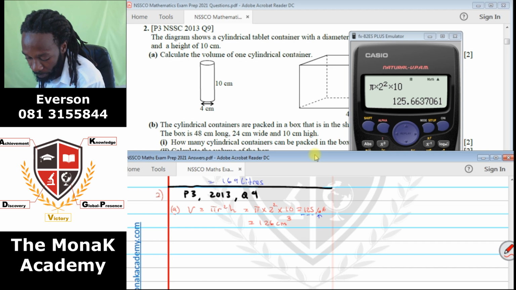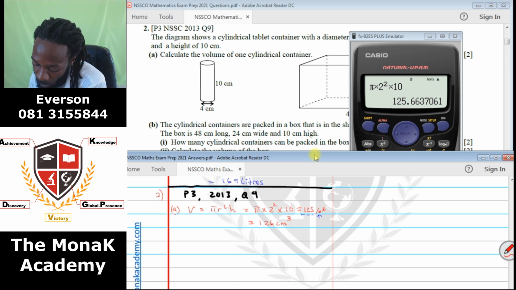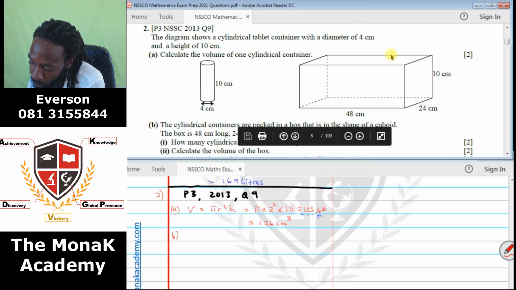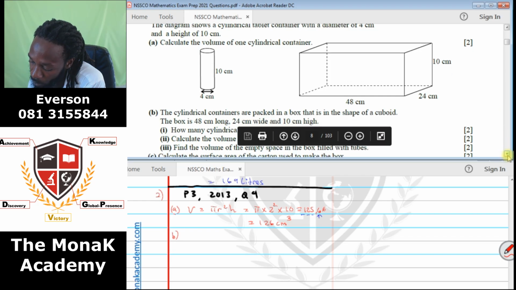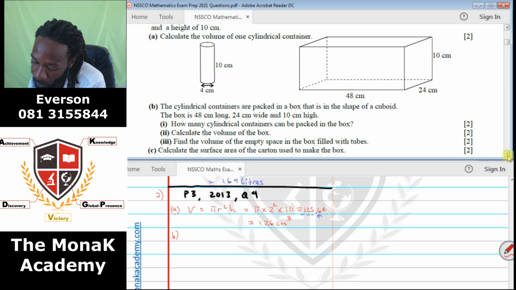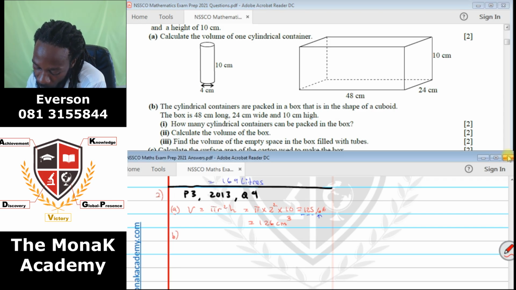All right, we look at B. B has got 1. The cylindrical containers are packed in a box that is the shape of a cuboid.